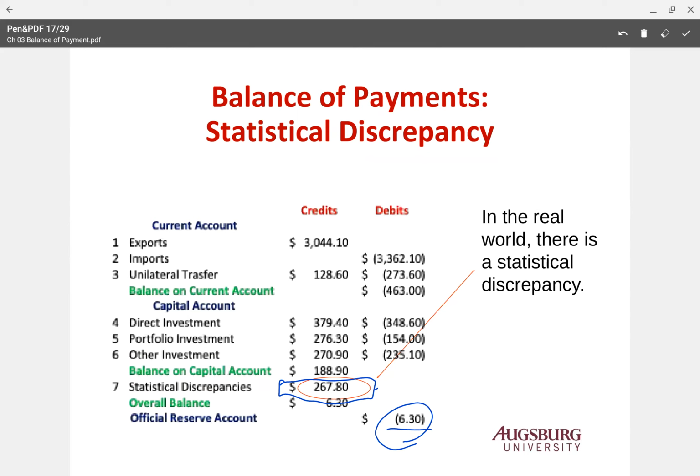In the real world, there is statistical discrepancy because there are omissions, missing items. There are so many transactions that happen. So finally, we can plug this number in as statistical discrepancies. So that's how to construct balance of payments.